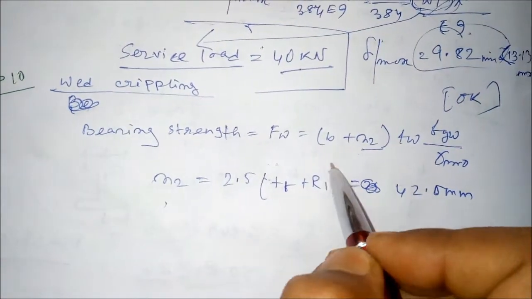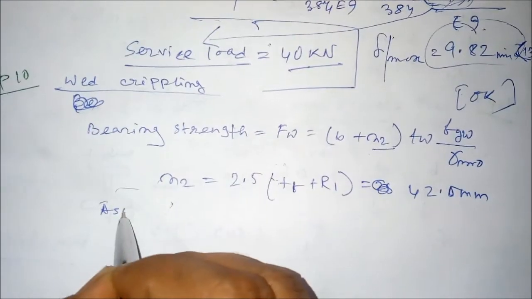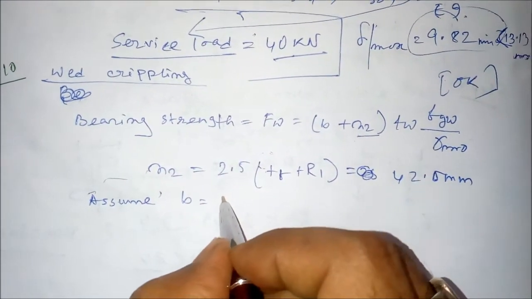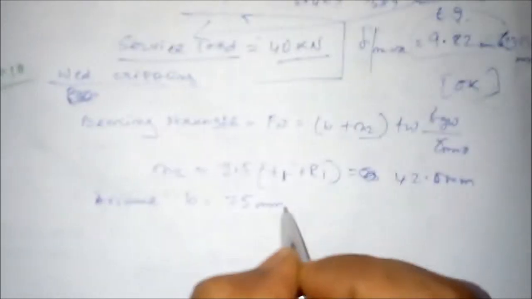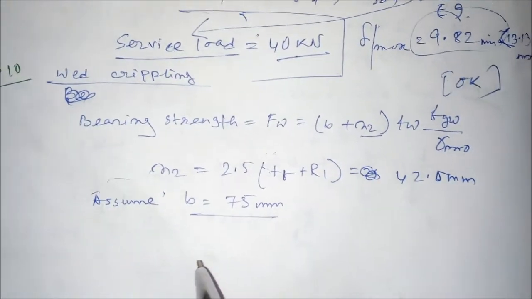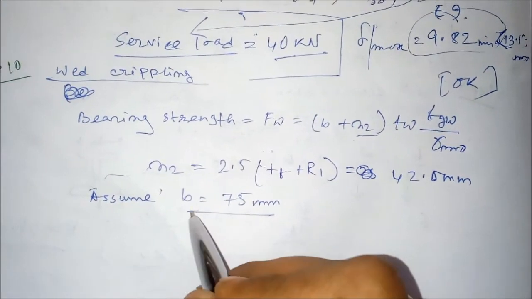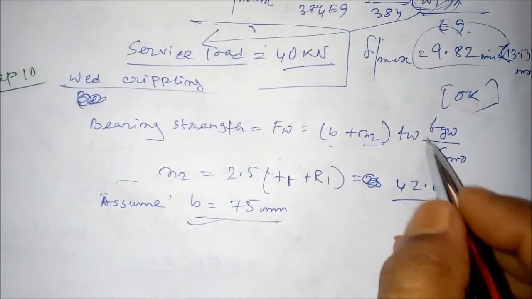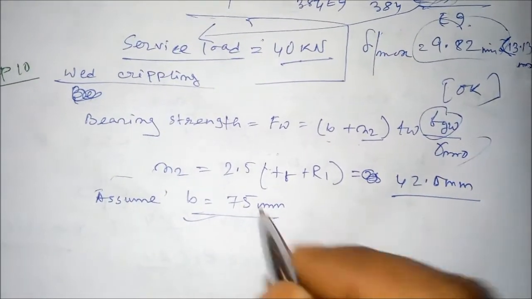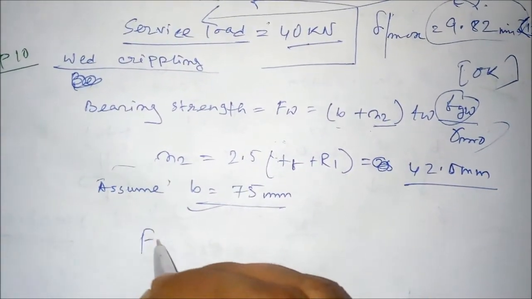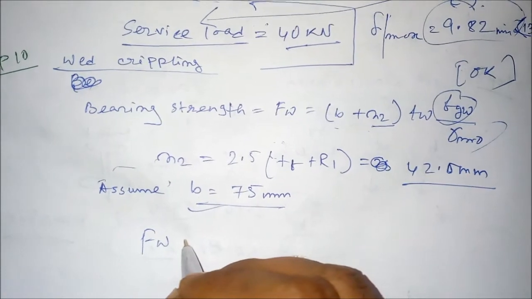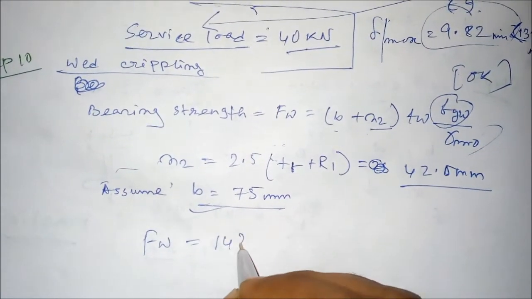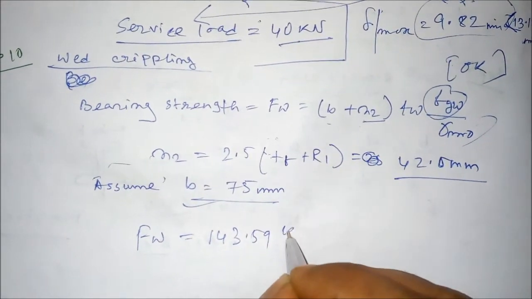Then suppose we are assuming bearing is equal to 75 millimeter, bearing of 75 millimeter. Assuming this value and putting all the values, all the values are known, you will be getting this Fw value equal to 143.59 kilonewton.